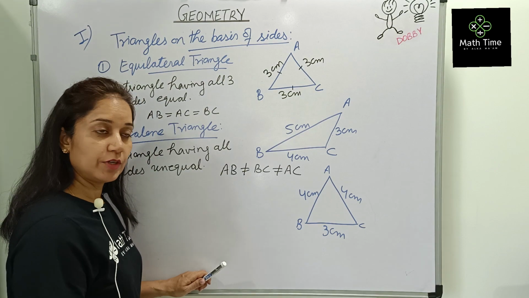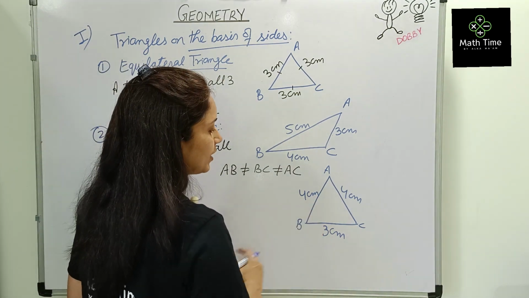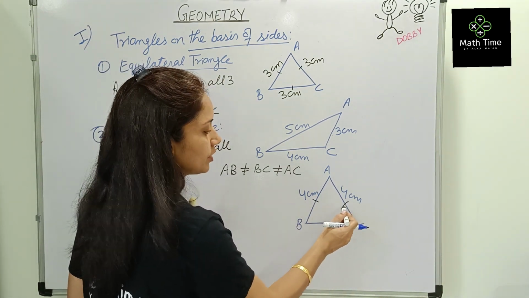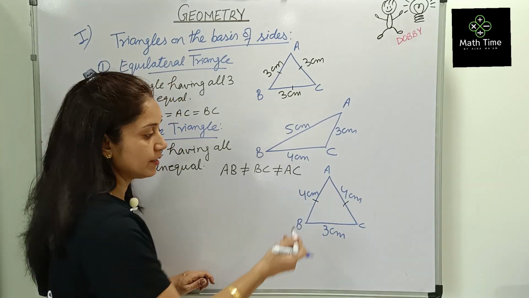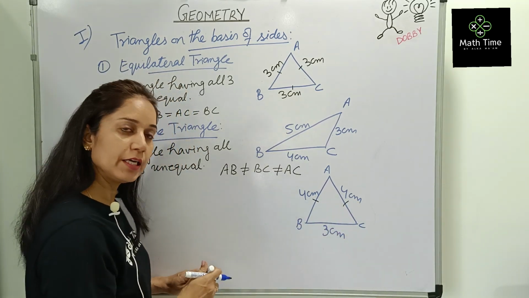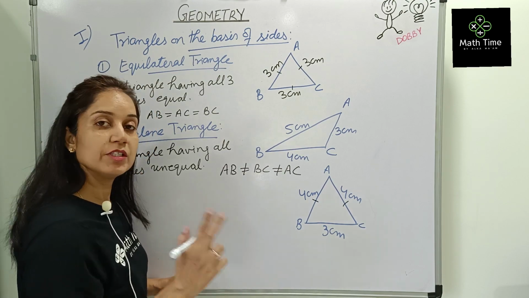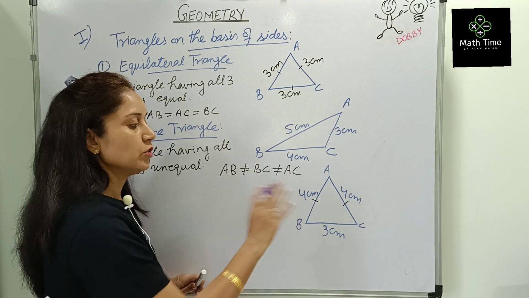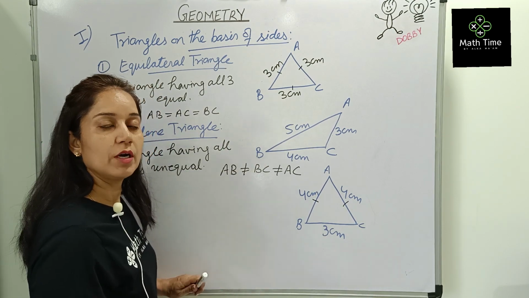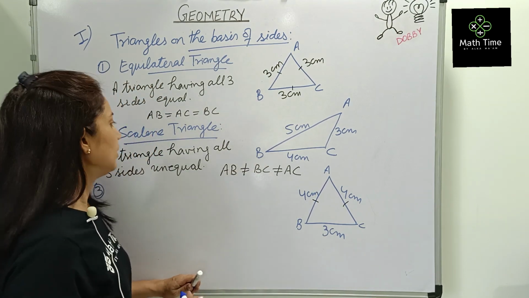This is a special type of triangle in which two sides are equal, 4 centimeter, 4 centimeter. See, I have used the equating sign. So these two signs tell us that yes, these two sides are equal. So a triangle in which two sides are equal and the third is not equal, fine. Such a type of triangle is called an isosceles triangle.